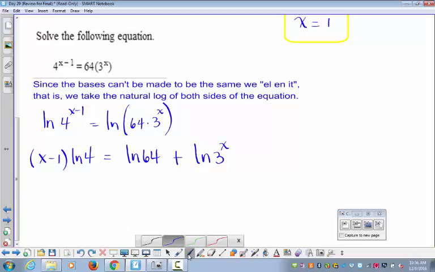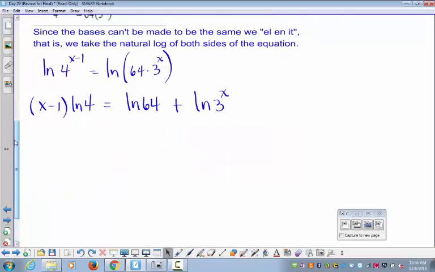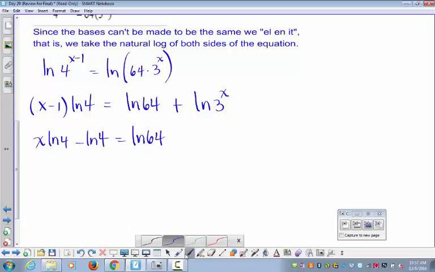We're going to separate the log of a product into the sum of two logs. Next step on the left, we'll distribute. On the right, we need to pull that exponent down.